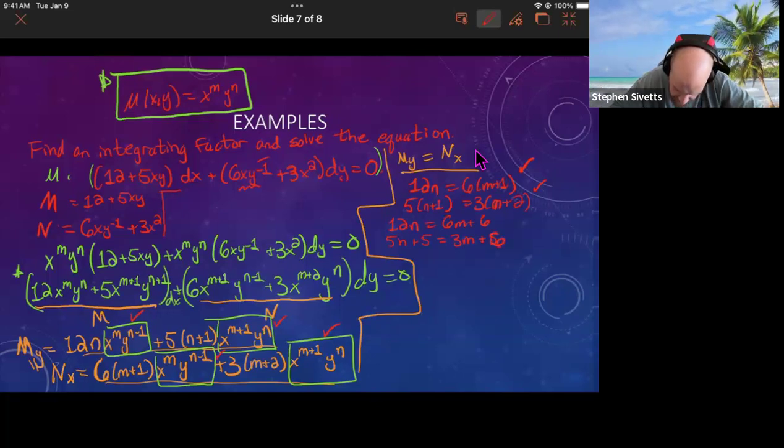And so 12n minus 6m is 6, and 5n minus 3m equals 1. This would reduce down to these equations. The first equation is divided by 6.